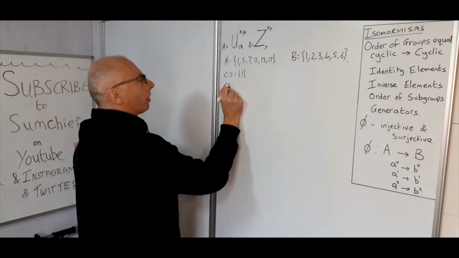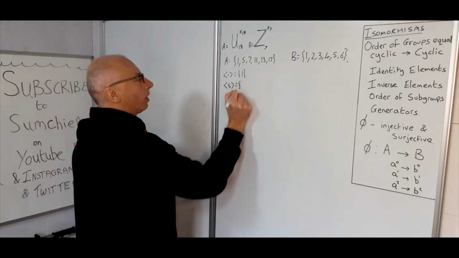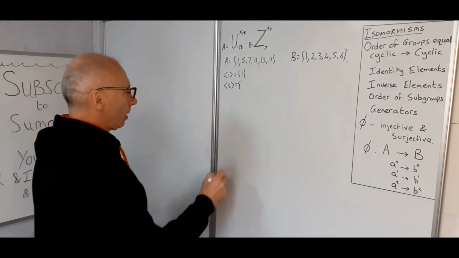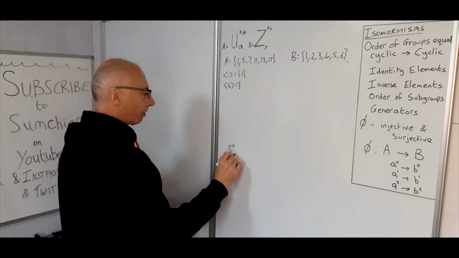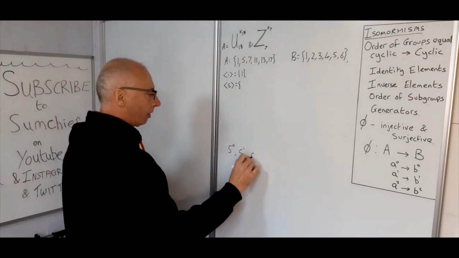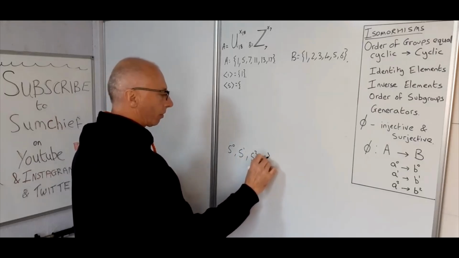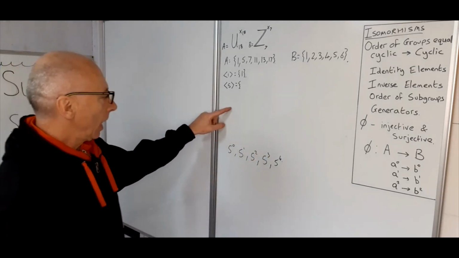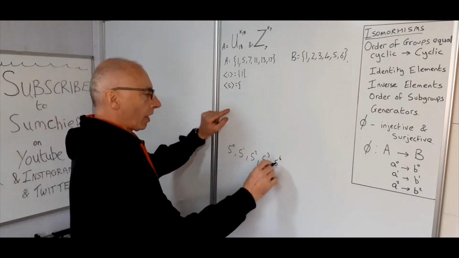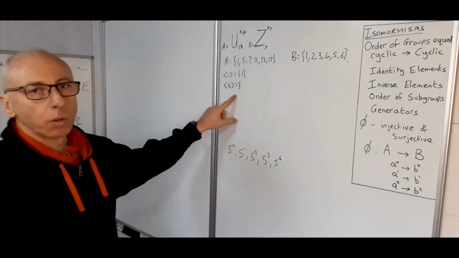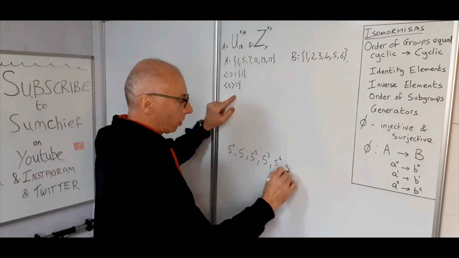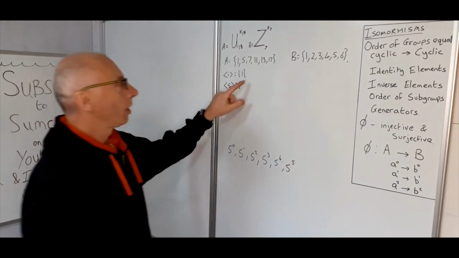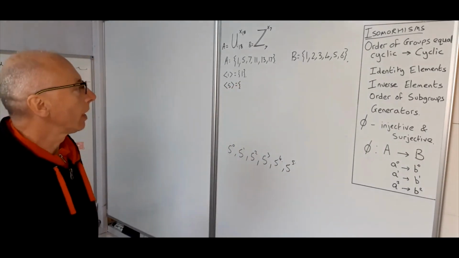What about 5? What we're looking for here is 5 to the 0, 5 to the 1, 5 to the 2, 5 to the 3, and 5 to the power of 4. And that will generate, hopefully, the whole group, or give us the order of a subgroup. That's what we're interested in at this stage.